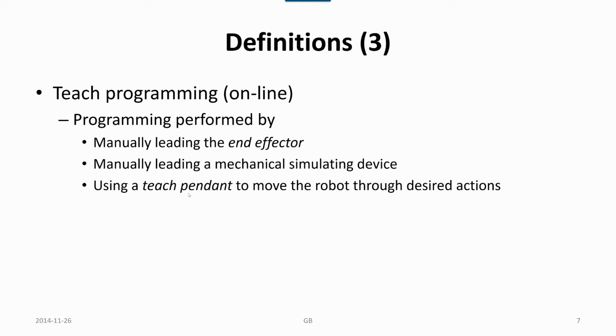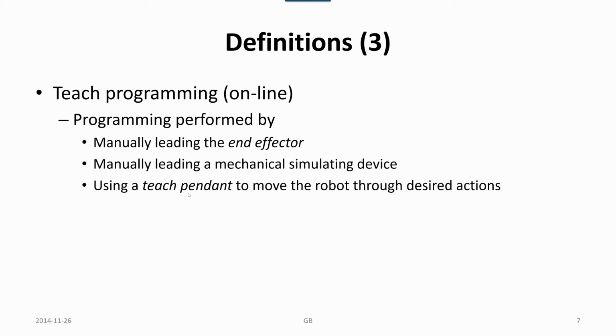But for certain cases, there is manually leading the end effector, like for spray painting and so forth. And there are systems which incorporate the ability to do some fine-tuning or touch-up of orientations, poses, and so forth by dragging and leading the robot and touching up what is actually programmed beforehand.